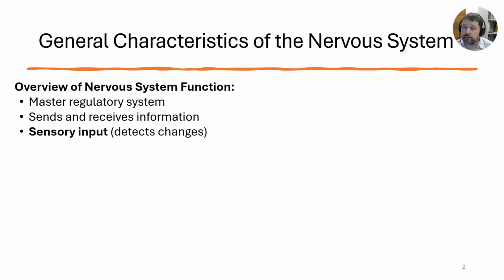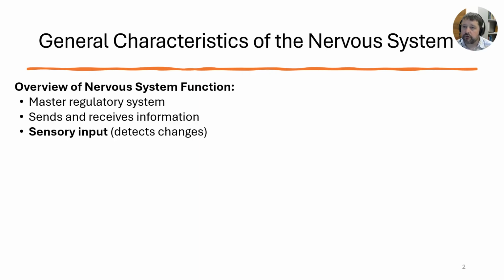It sends and receives information, and thus will control the muscle system, the endocrine system. It controls much of homeostasis, and we'll go through the different components of that as we progress.